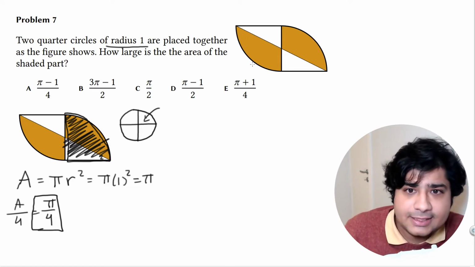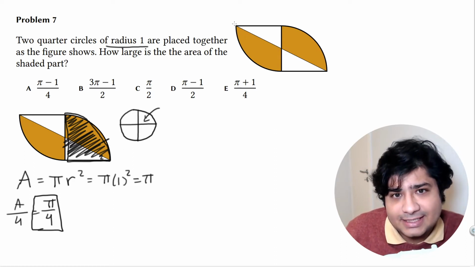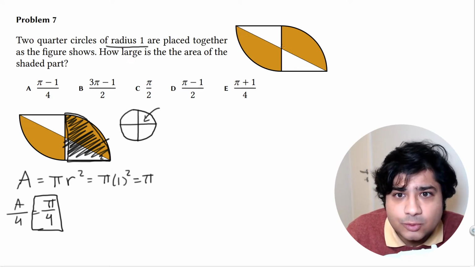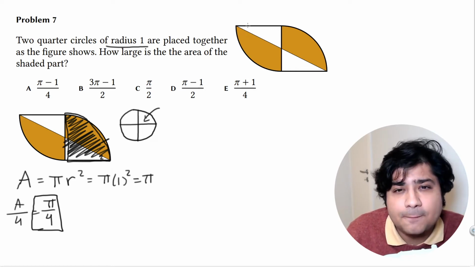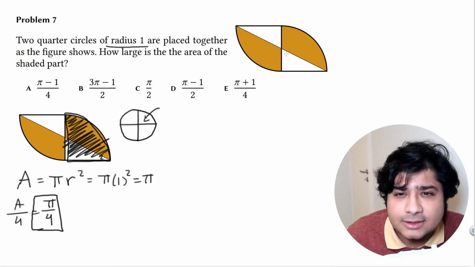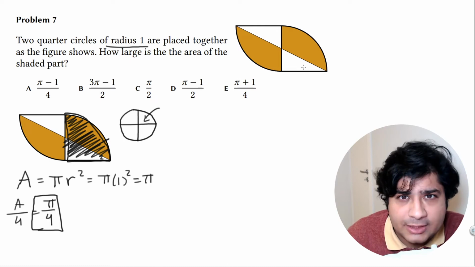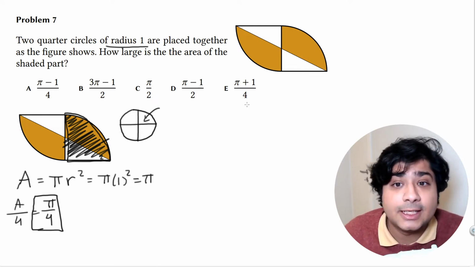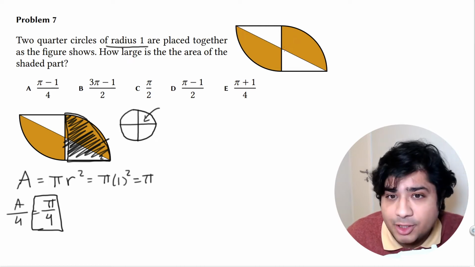Now, the thing that makes this a little bit complicated is this diagonal line. There are basically these 2 mirrored triangles that we have here, which are white, which we're supposed to take away from the area. We're only supposed to do the orange part.